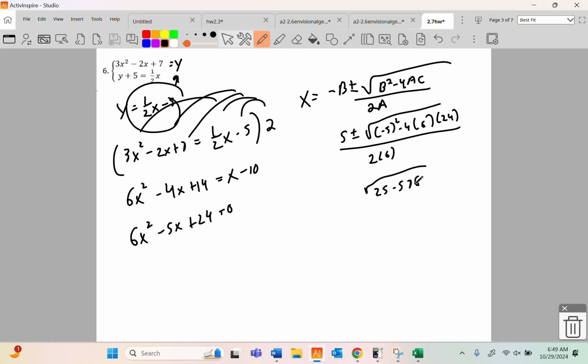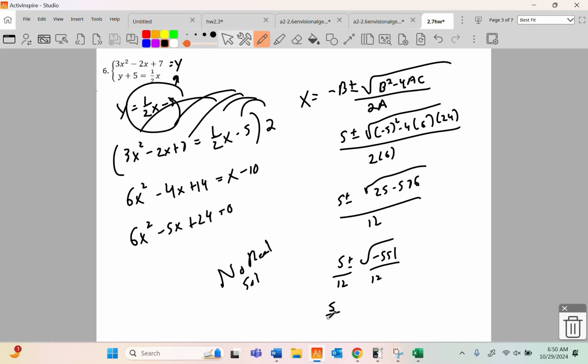And again, just making sure I didn't make any mistakes. It's easy to do. All right, so 25 minus 576 is going to be negative 551. It has no real solutions.